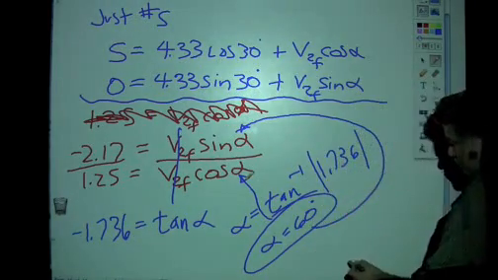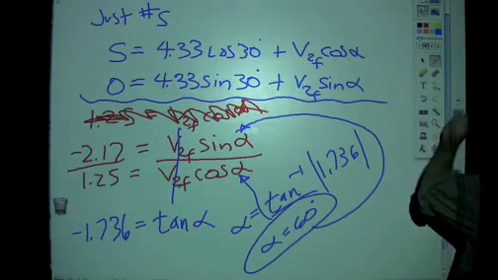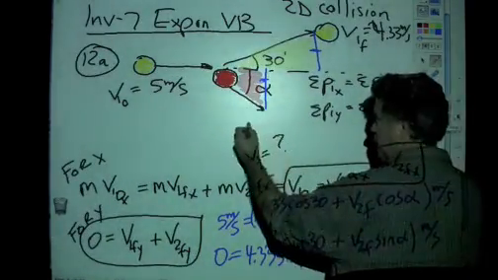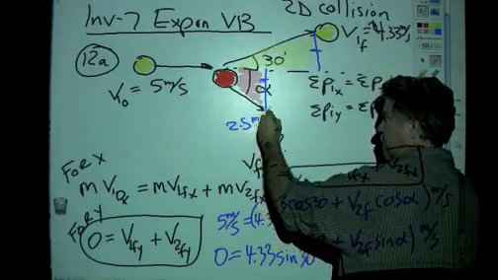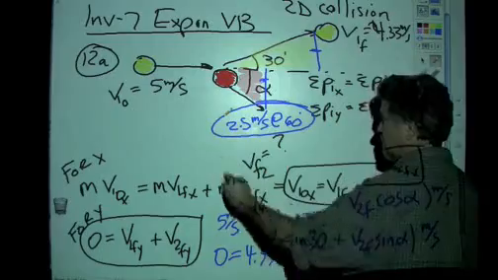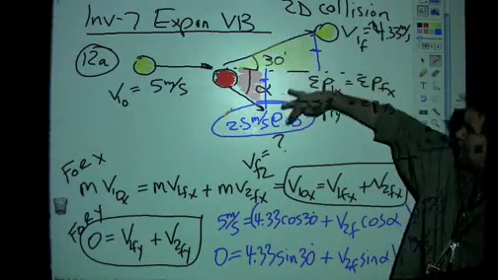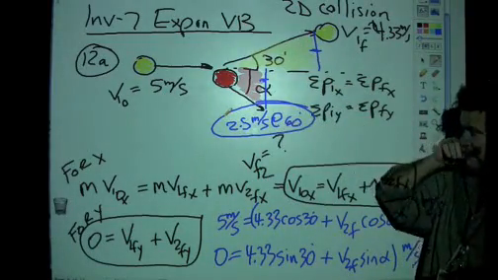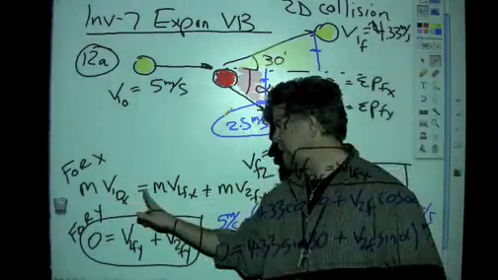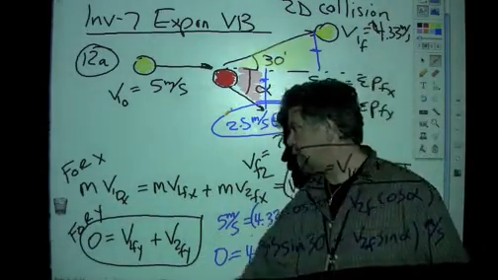We're going to go back to the previous screen. We just figured out that this guy is going to come off at 2.5 meters per second at 60 degrees. Now I want you to notice something: 30 degrees plus 60 degrees equals 90 degrees. And that's no coincidence, because anytime your masses are the same, we saw that we can get rid of them.